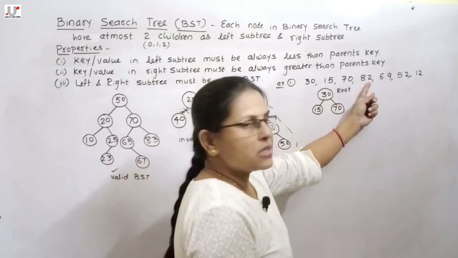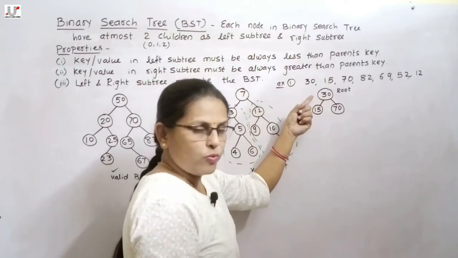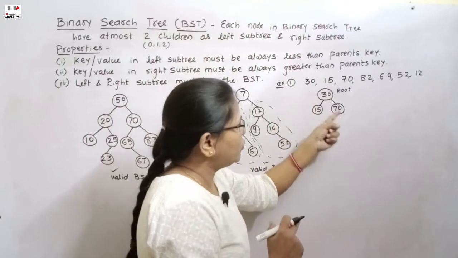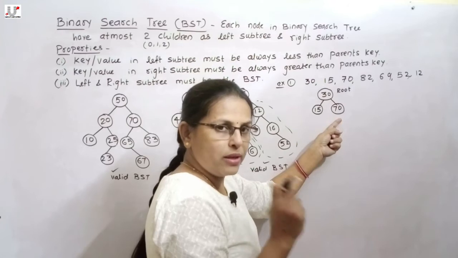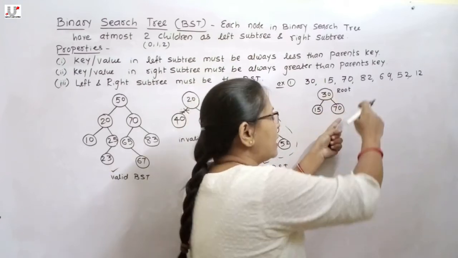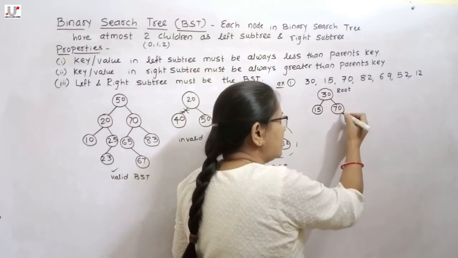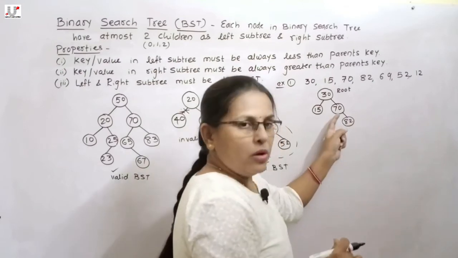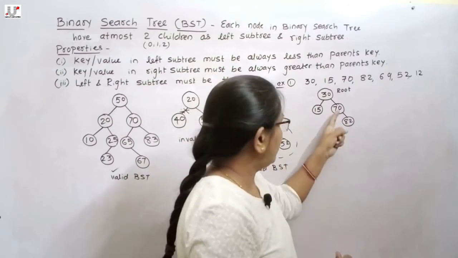Then the next key is 82. Again 82 gets compared with the root node first, and as 82 is greater than 30, we move to the right subtree. As there is already a node 70 to the right of 30, we compare 82 with 70, and 82 is greater than 70, so it gets inserted as the right child of 70.